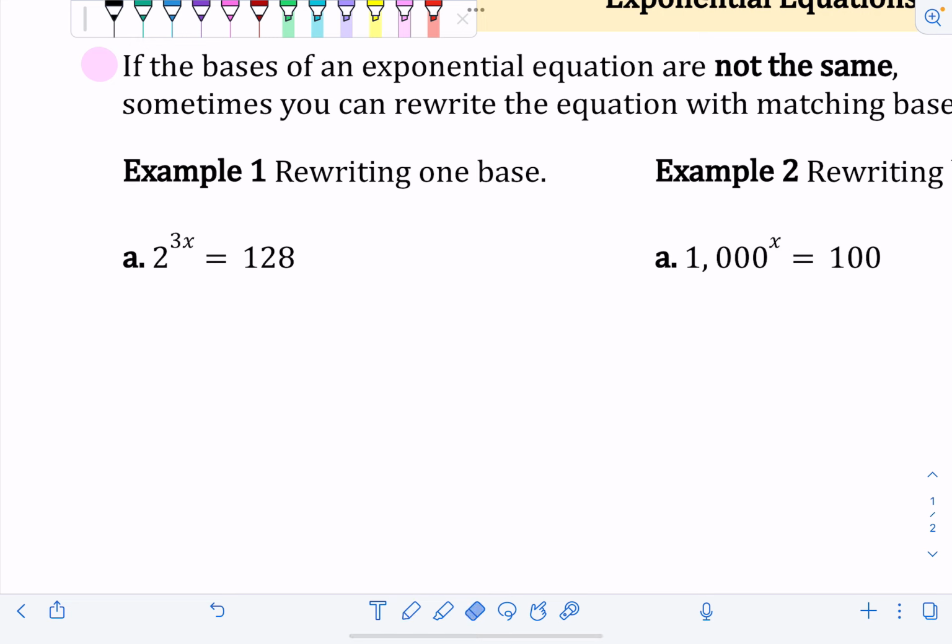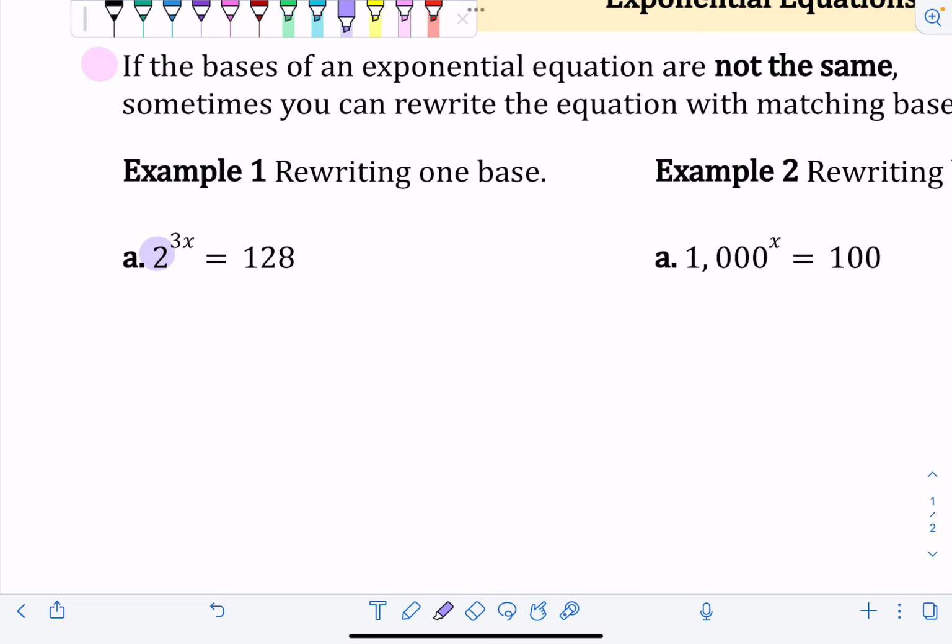2 is already a prime number, so we're most likely not going to change the 2. But we want to see if we can rewrite 128 as 2 to a power, and make 2 our base, and that way we would have the same base.